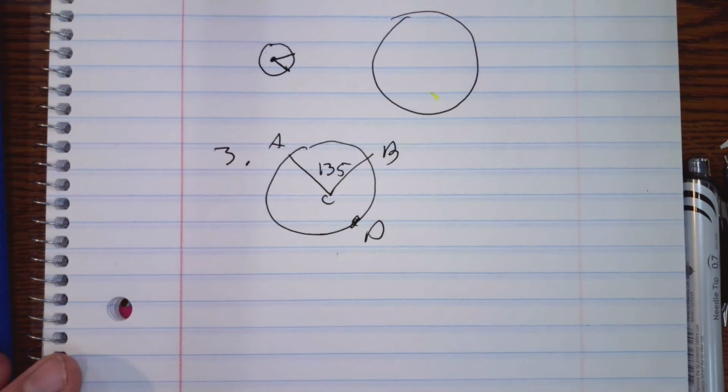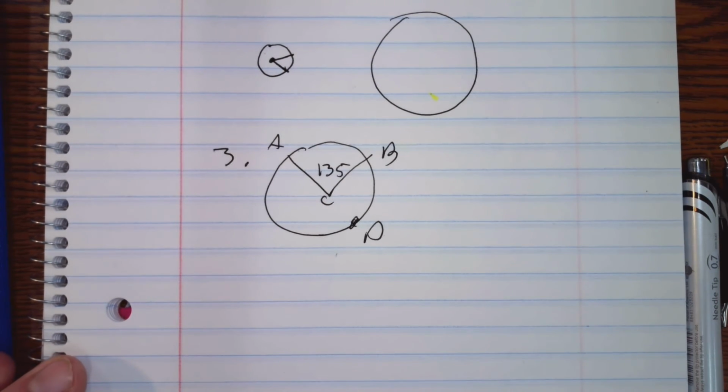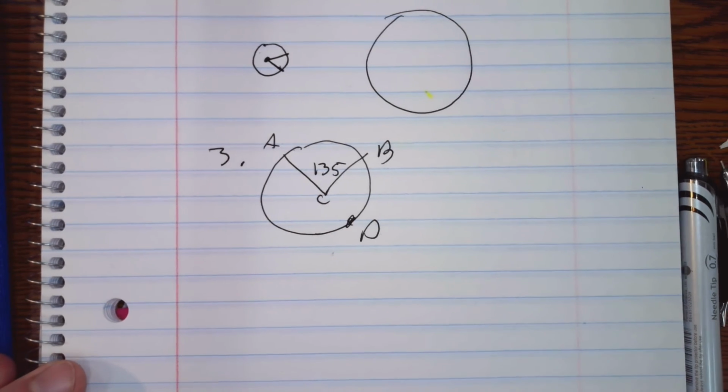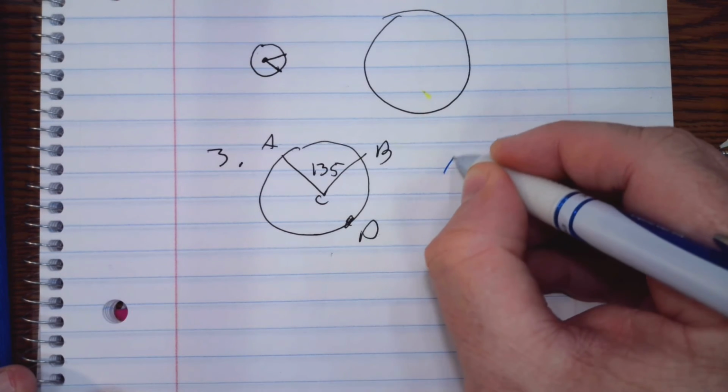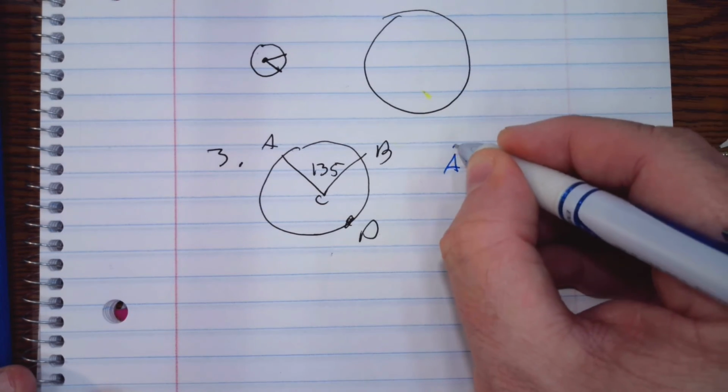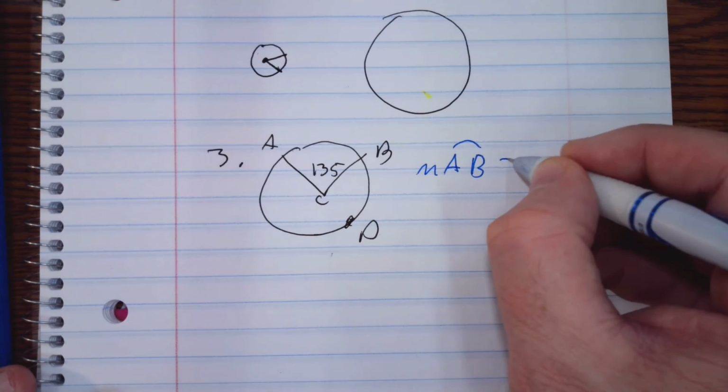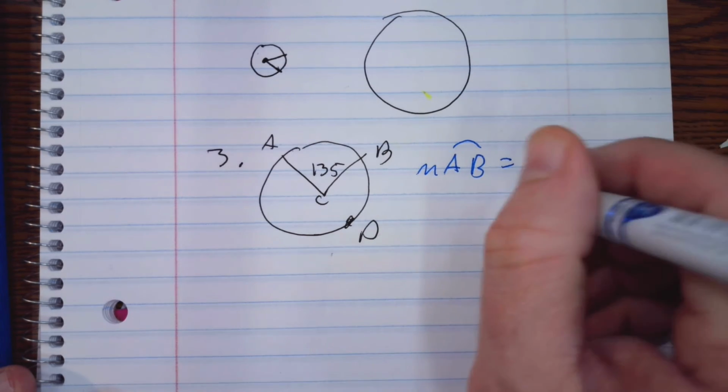And this shouldn't be super hard. Okay. What's the minor arc called? And the measure of AB is going to be 135, right?